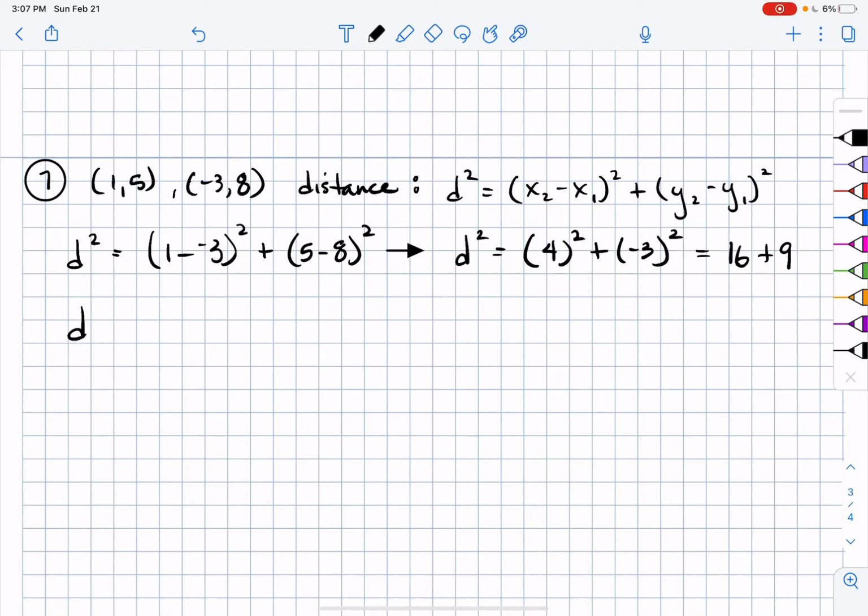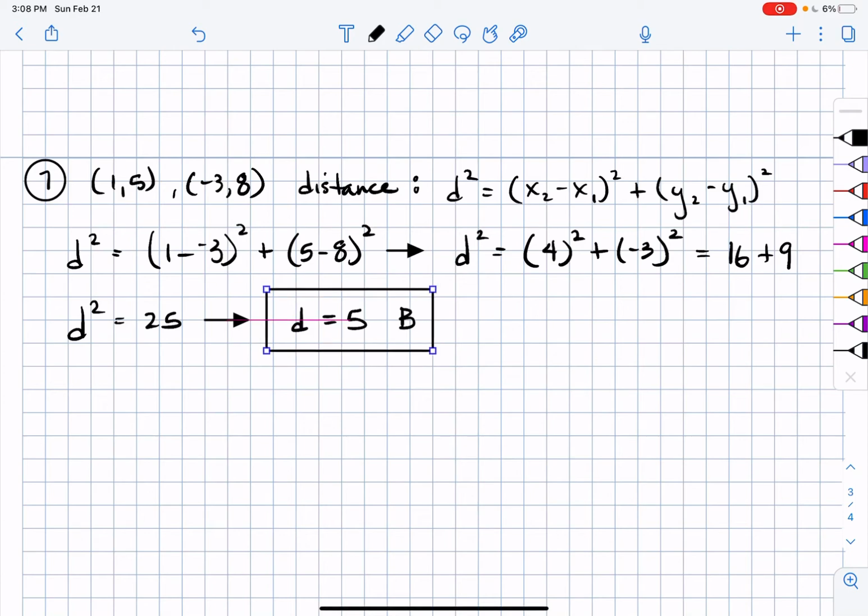So if my d squared is equal to 25, that means what? That my d is going to equal just a regular 5, which is choice B. All right, there we go.